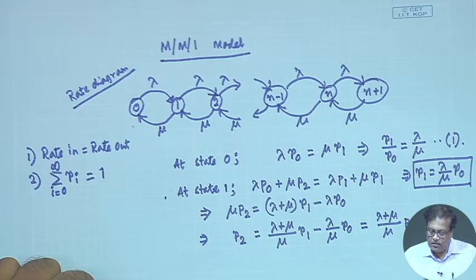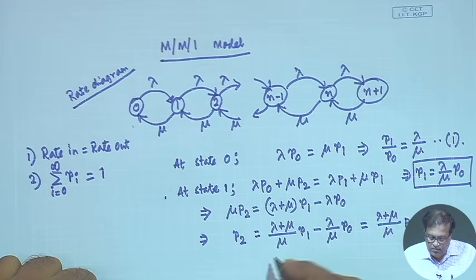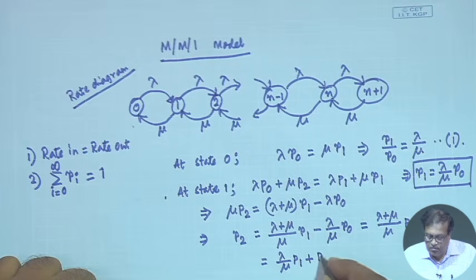All right. So, basically it is minus 1. So, here it is lambda by mu P1 plus P1 minus P1 equal to lambda by mu P1.